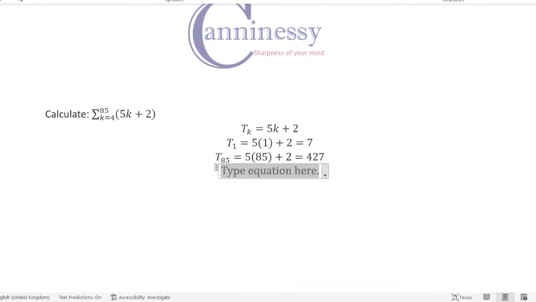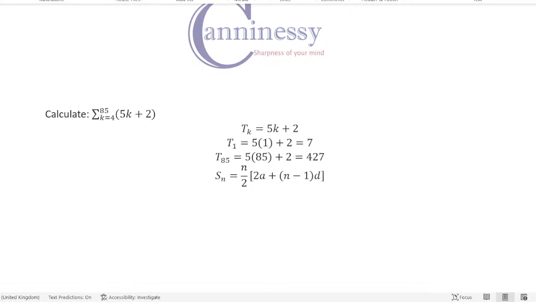So the first one is Sn is equal to n over 2 into 2a plus open brackets n minus 1 times d. So this is the first formula.